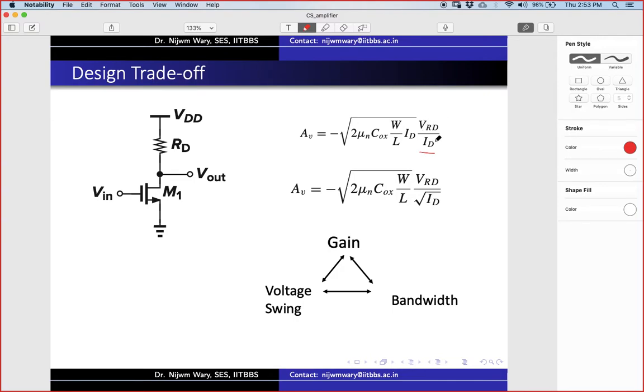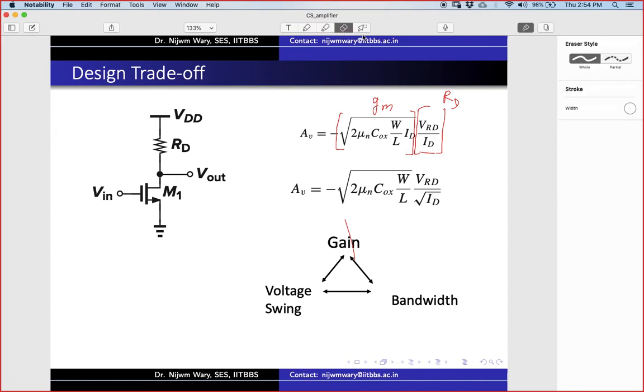Sorry, I had written VD, but it is VRD, the potential across RD. Here is the expression for gm and here is the expression for RD. Of course, I can cancel out the square root of ID with ID, so finally what I get is the square root of 2 mu n Cox W/L times VRD divided by the square root of ID.